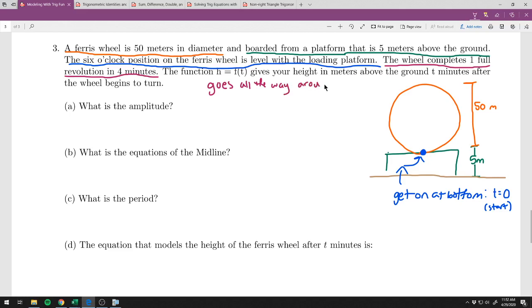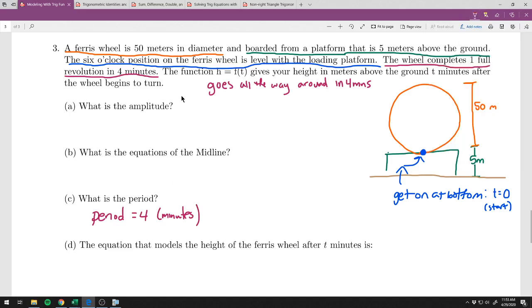Right, so you're at the bottom at t equals 0, then it goes all the way around in 4 minutes, you're back at the bottom at t equals 4. So what this is actually telling you is the period is 4, because that's how long it takes to repeat. So I'm going to go ahead and just fill that in. The units are minutes, but I'm pretty sure the homework just wants the number.